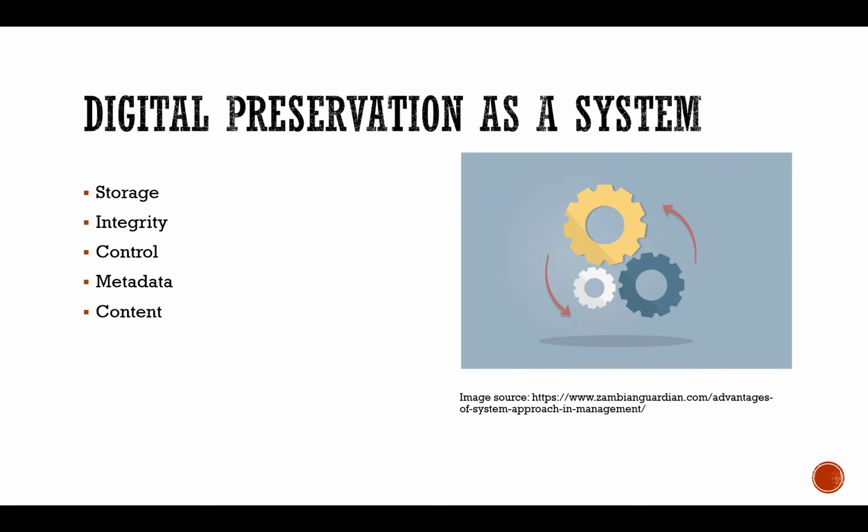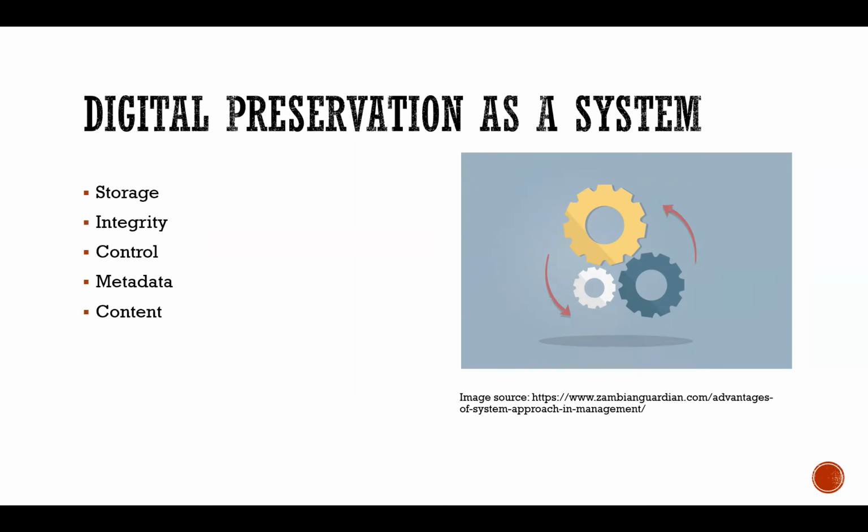And once you've got that in place, how are you going to check to make sure that the files aren't corrupted, they haven't suffered from bit rot, they haven't got a virus, all those things. So storage and integrity fit together, and need to both be taken into account.